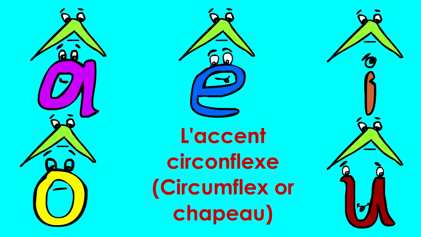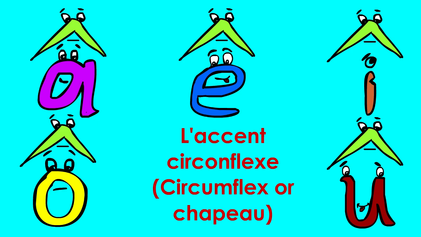The third accent is l'accent circonflexe. This one looks like a little pointy hat, so I'll be calling it the chapeau, which means cap. We can see the chapeau on top of the 5 vowels A, I, E, O, and U. The pronunciation of E with the chapeau is the same as that of E with grave accent, and there is no change in the pronunciation for the other 4 vowels.